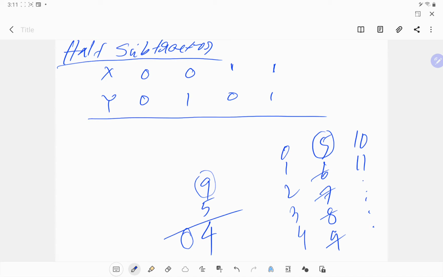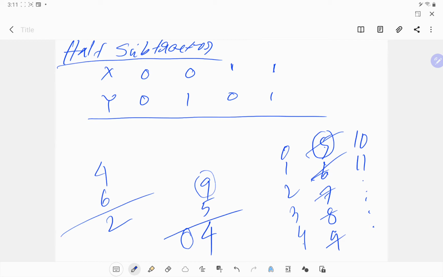Now if we need to subtract, say, 6 from 4, then we find the difference between 4 and 6. How many times do we need to count to go from 4 to 6? 4, 5, 6, 2 times. So 2 is the difference.